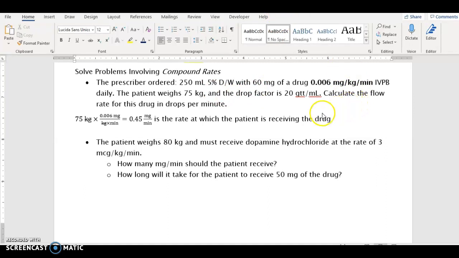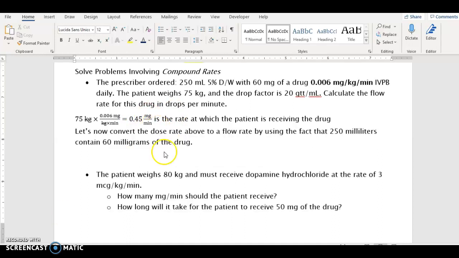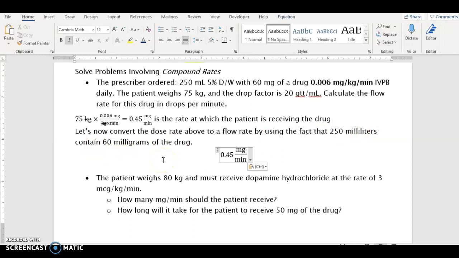So what we're going to do then is convert the dose rate into a flow rate. Our next step is to convert this dosage rate into a flow rate by using the fact that 250 milliliters of solution contains 60 milligrams of the drug. So this dosage rate is going to be multiplied by 250 milliliters, because we want to get rid of the units of milligrams.